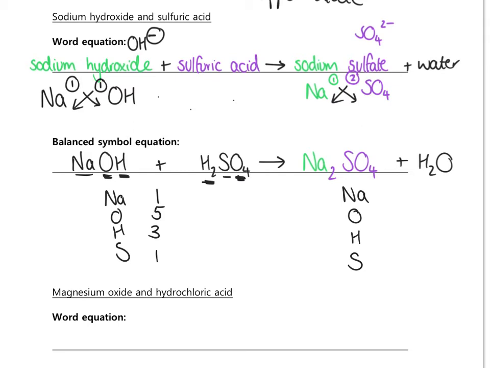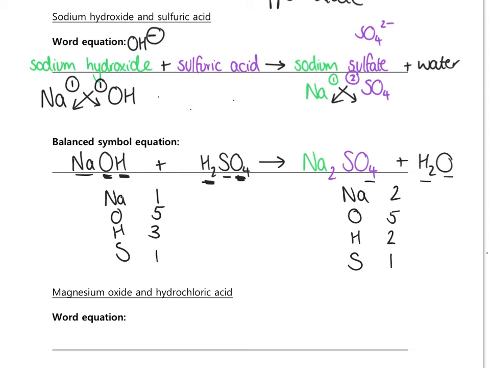Over on the right hand side now, we have 2 sodium atoms. We have, again, 4 plus 1 is 5 oxygens. We have just 2 hydrogens. And we have 1 sulfur. So you can see that my oxygens are balanced, my sulfurs are balanced, but my sodiums and hydrogens aren't.